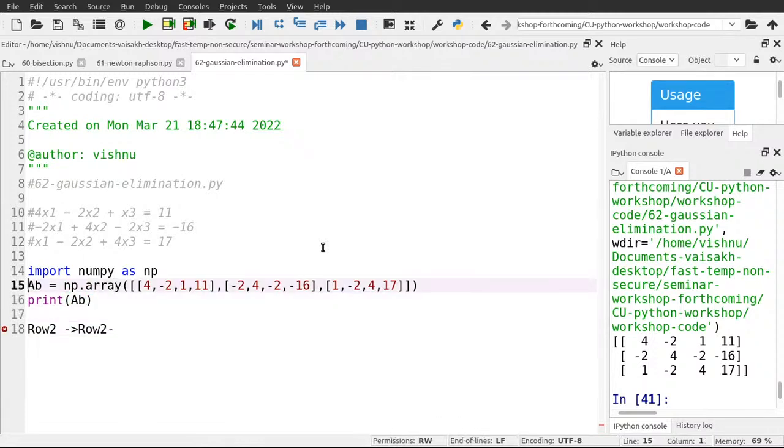We have taken it as AB, so how do we get that first element? AB[0][0] times. So row 2 minus, what do we need is row 2. Okay, now you need to be careful. So this is minus 2.